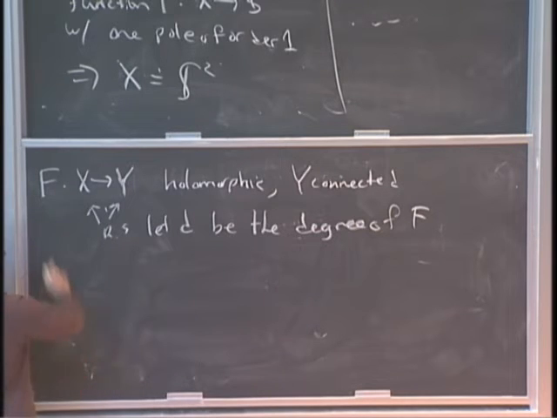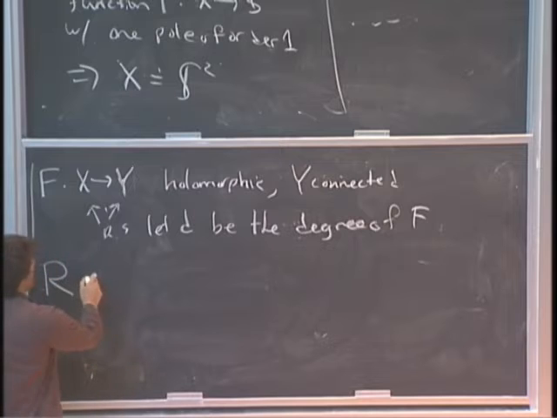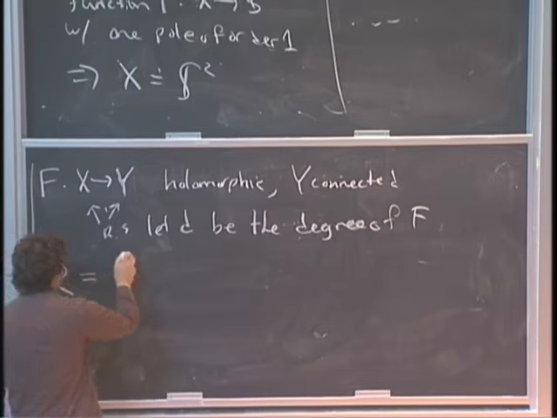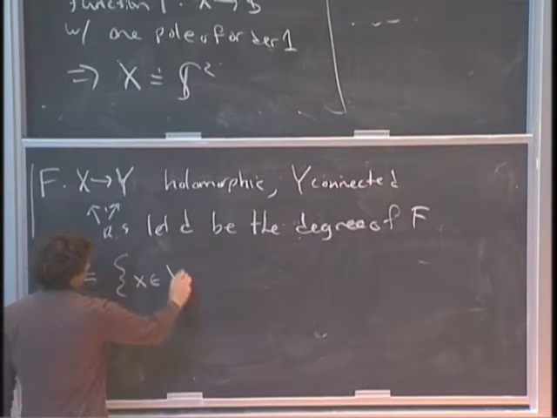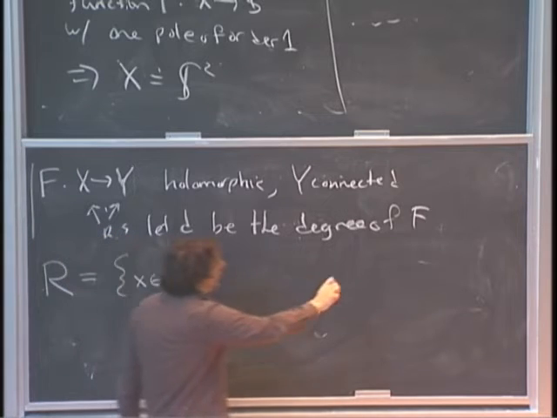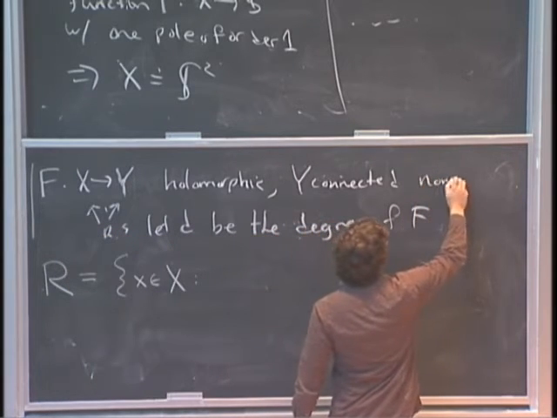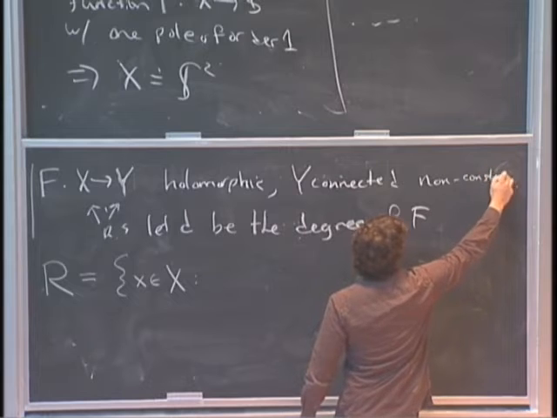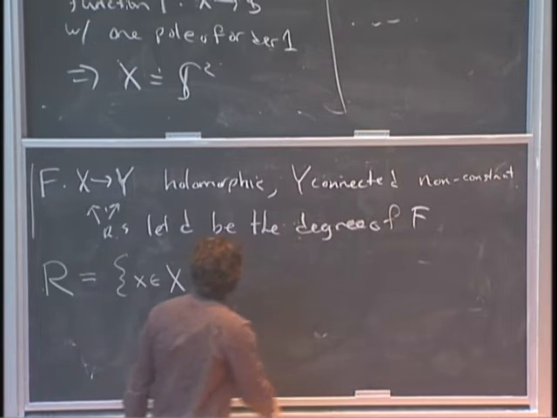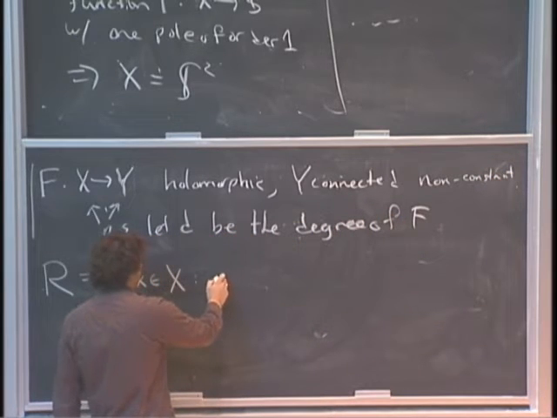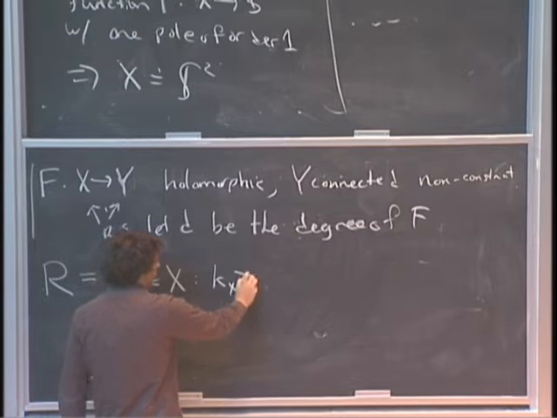Okay, so in that setup, we want to look at a distinguished set of points, which are the points where f has a branch point, or a ramified point. So we're going to define R to be the set of x in X, with f non-constant as always, where k of x is strictly bigger than 1.